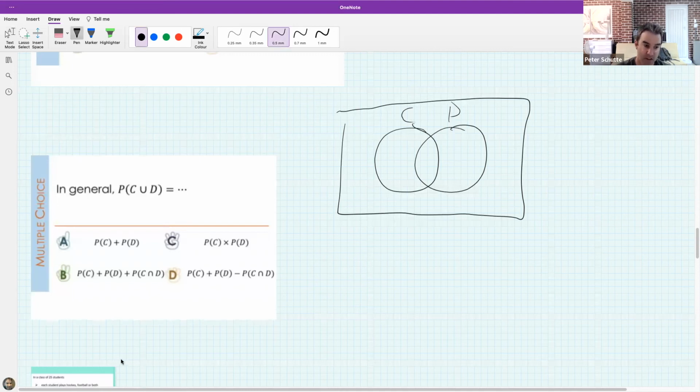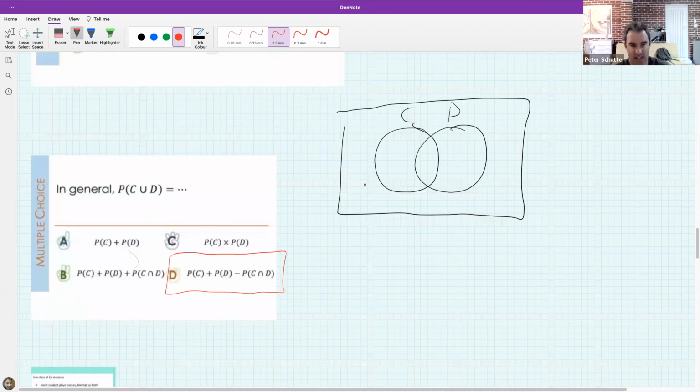Now, I haven't covered this today. I'm just checking your general knowledge here. In terms of this identity, the correct answer is D.